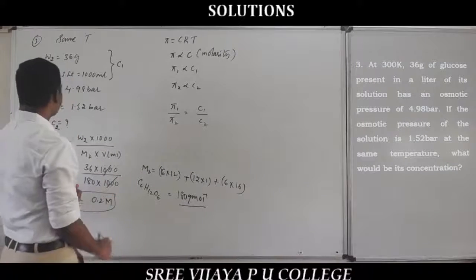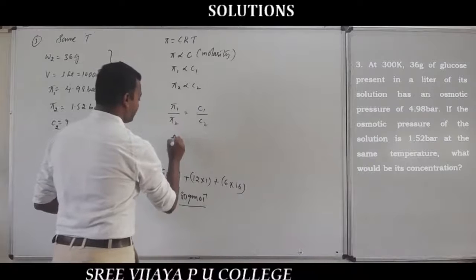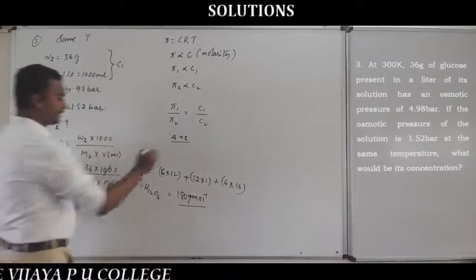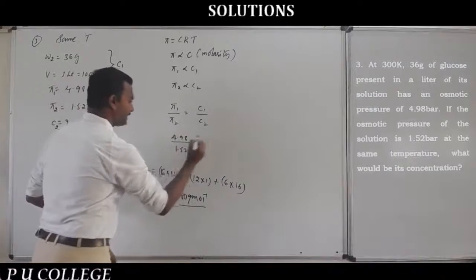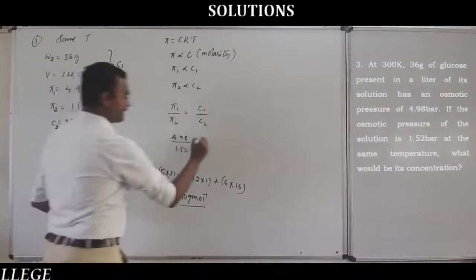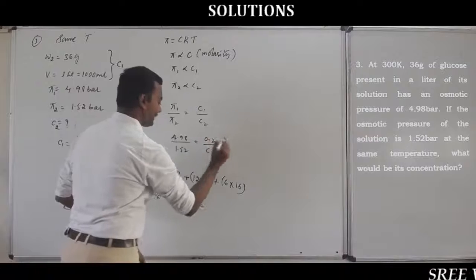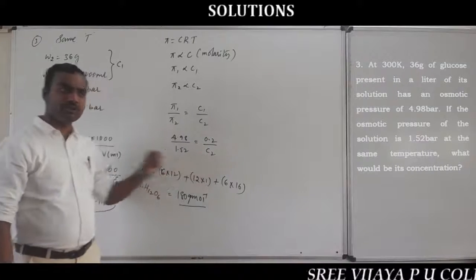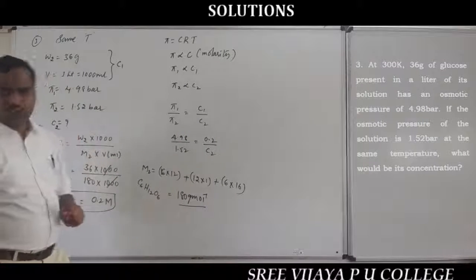So therefore substitute the value here. That is pi 1 is equal to 4.98 divided by pi 2, which is 1.5. That is equal to C1 concentration, 0.2, divided by C2. Our intention is to calculate C2, the concentration of the solution which has the osmotic pressure 1.5.